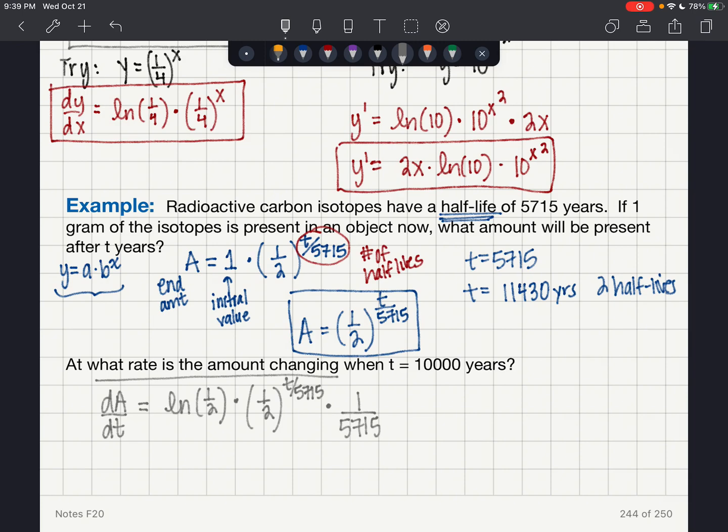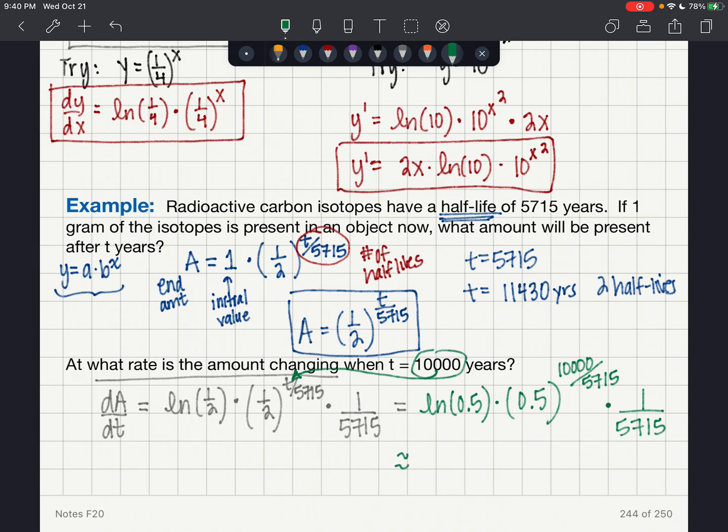And now I'm going to evaluate that when I put 10,000 in for t. When we put 10,000 in for t, we'll have the natural log of 1/2, I'm just going to put 0.5, times 0.5 raised to the 10,000 over 5,715 power, times 1 over 5,715.